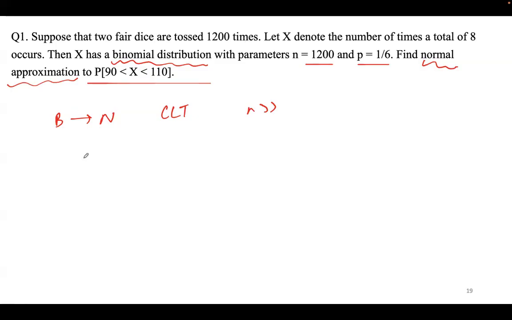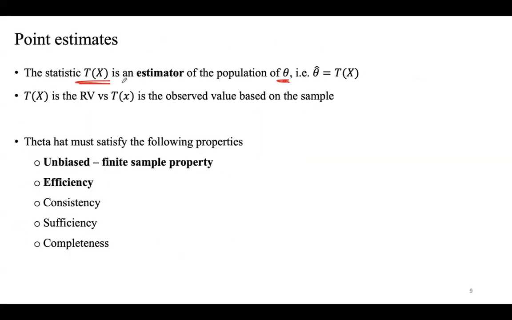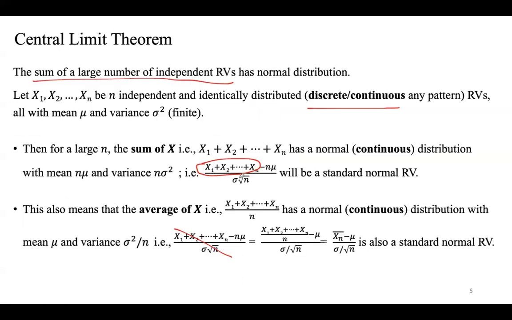So we want this value. If you remember from CLT, there were 2 ways we can apply it: for the sum and for the average. When nothing is specified, think about it: when you have a lot of random variables, if you take an average of those, you would still be in the range of those random variables.